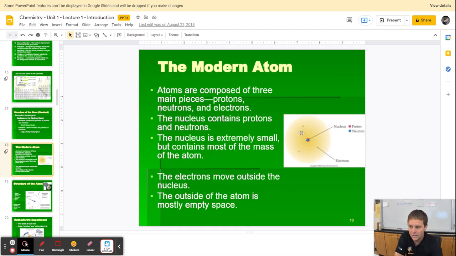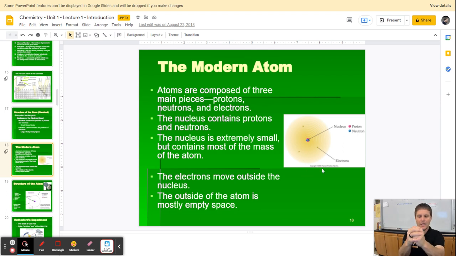Now, here's a good picture of the atom, where there's a tiny center that we call the nucleus. There are protons and neutrons inside that nucleus, and then this shaded area on the outside is called the electron cloud, and that's where the electrons are.